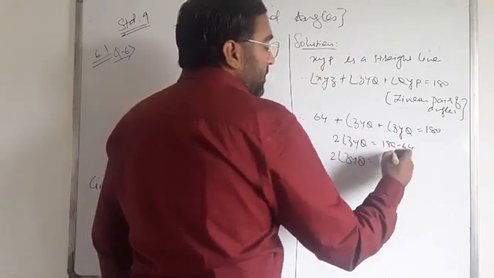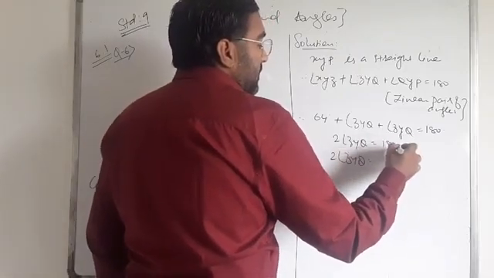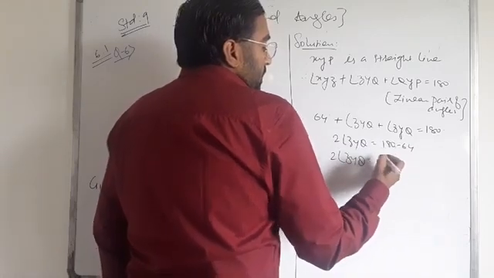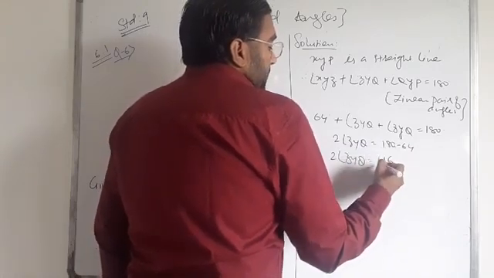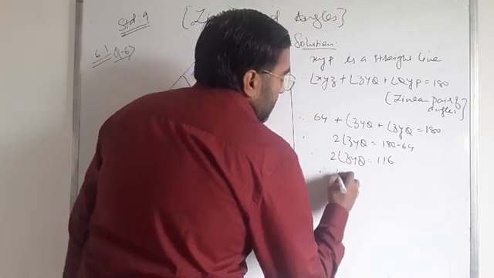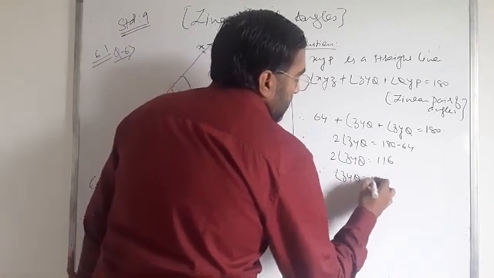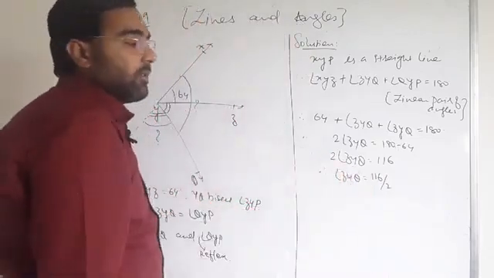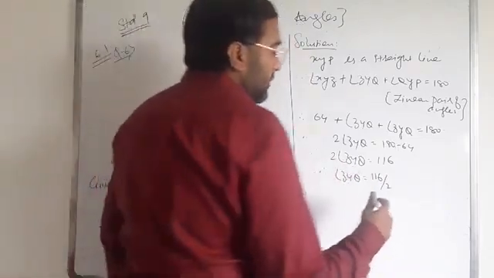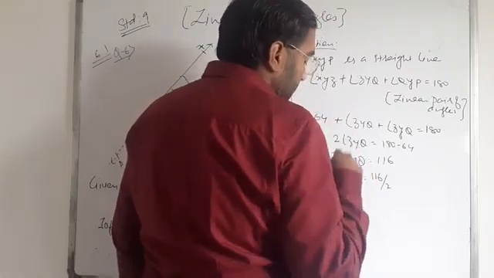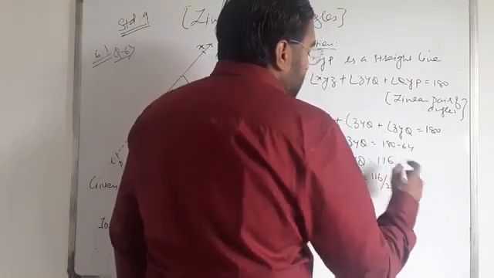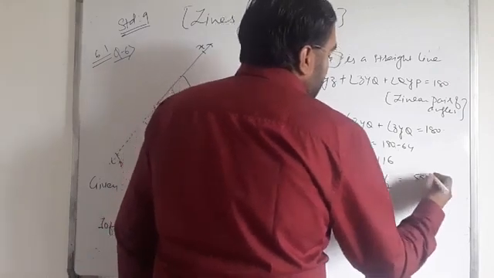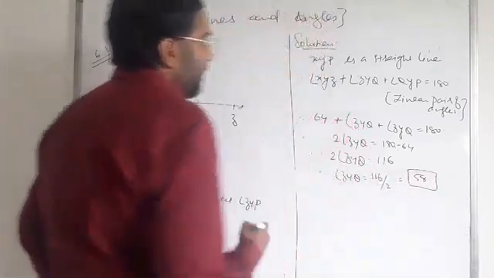180 minus 64 is 116 degrees. So my angle ZYQ is equal to 116 by 2. The 2 is in multiplication, so when shifted to the other side it goes to division. 116 divided by 2: 2 fives are 10, 2 eights are 16, so 58 degrees.